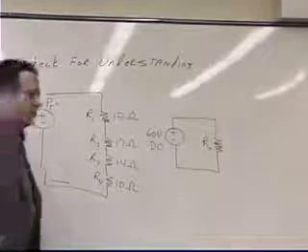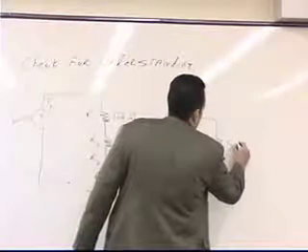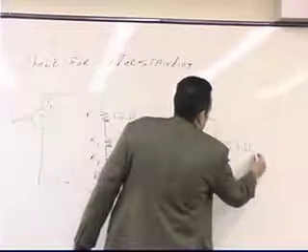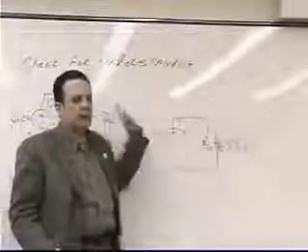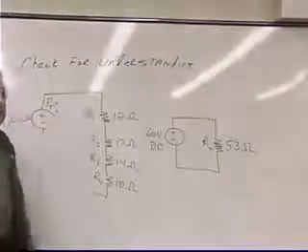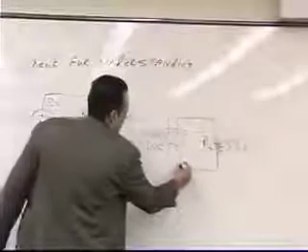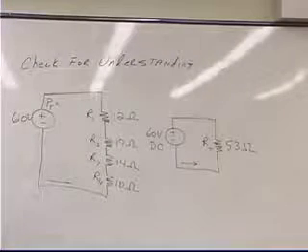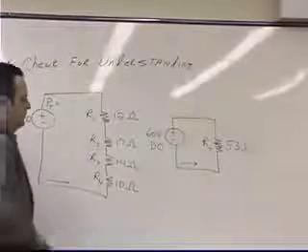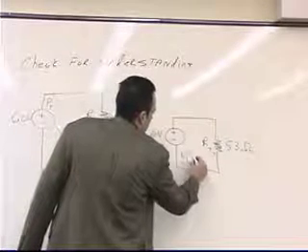53? Does everybody agree with that? 53 ohms. So this circuit and this circuit are electrically equivalent to each other. What about the current? How much current is flowing in this circuit right here? 1.13 amps.